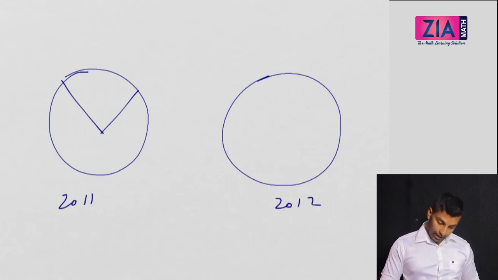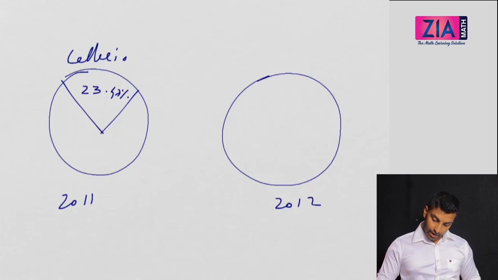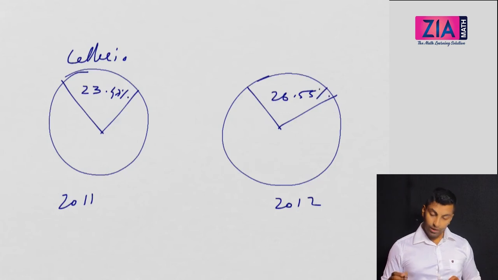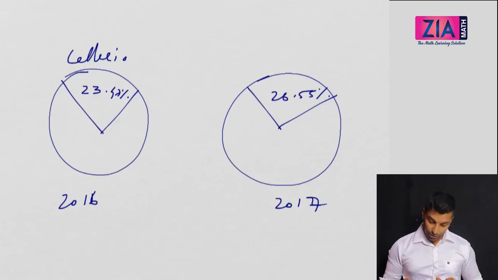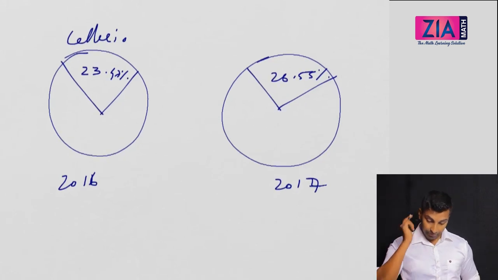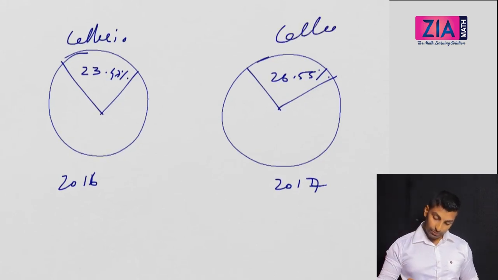So in 2011, out of their total, 23.47% was Celerio. Now in the year 2012, 26.55% was Celerio, or 2016 and 17. Let's take 16 and 17 because in 2011 Celerio was not introduced, right? So 2016 and 17. So this is also Celerio.